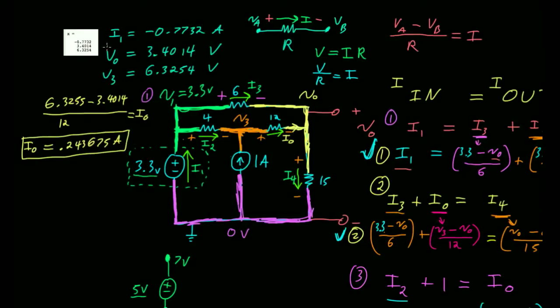And what we wanted was V out. That was the question that we asked at the beginning of doing the circuit. We wanted V out, and we also wanted I0.